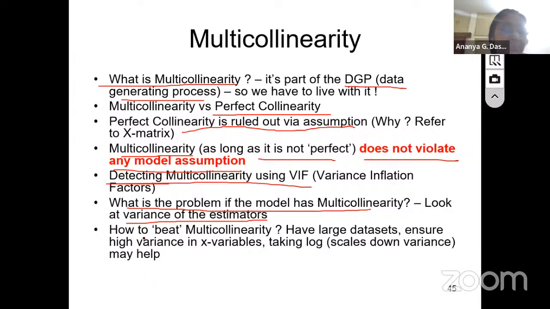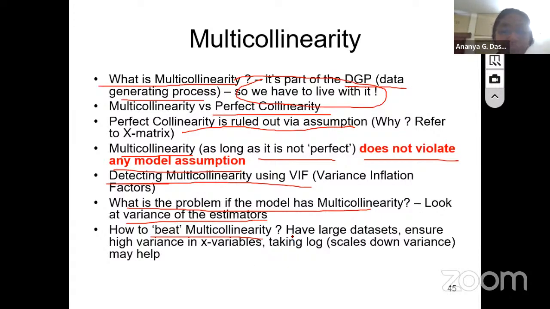But before that, how to beat multicollinearity, because remember, we have to live with it. There's nothing that really we can do about it, right? We can't drop a variable simply because of multicollinearity, because then you're actually facing the bigger problem of omitted variable bias. Then you're actually getting biased coefficients, right? So you can't just drop a variable, okay?